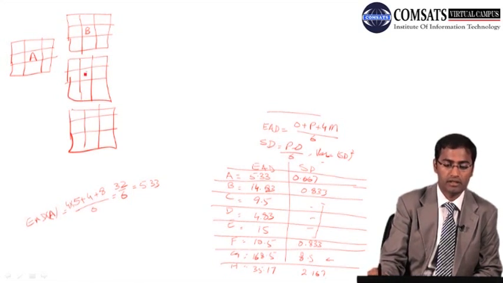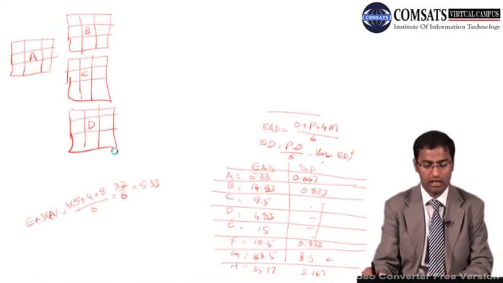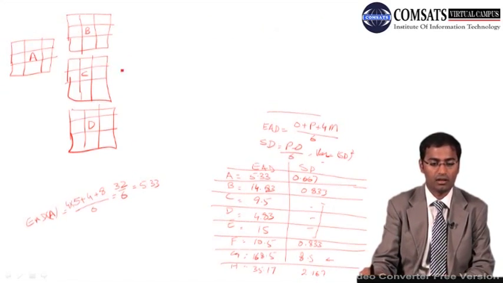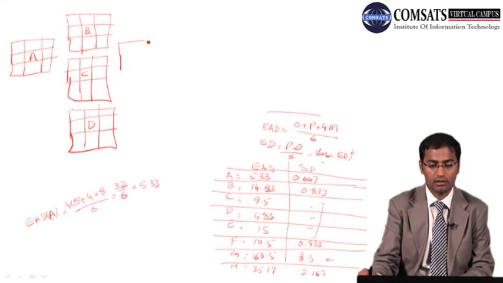So B, C and D are dependent on A, and then E is dependent on B and C. So put arrows as well, okay?